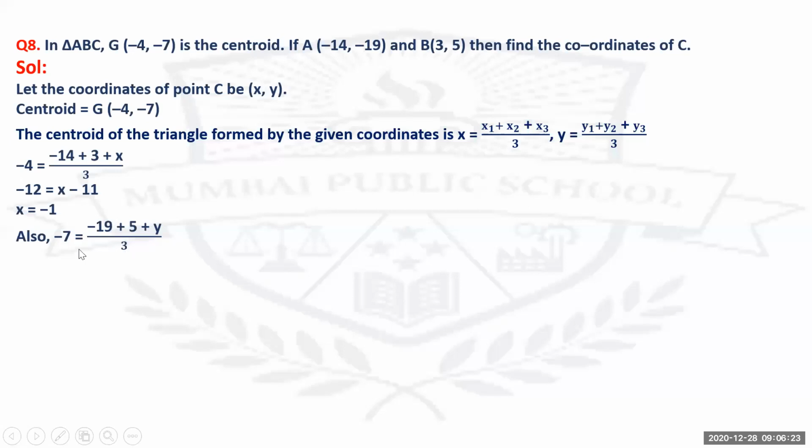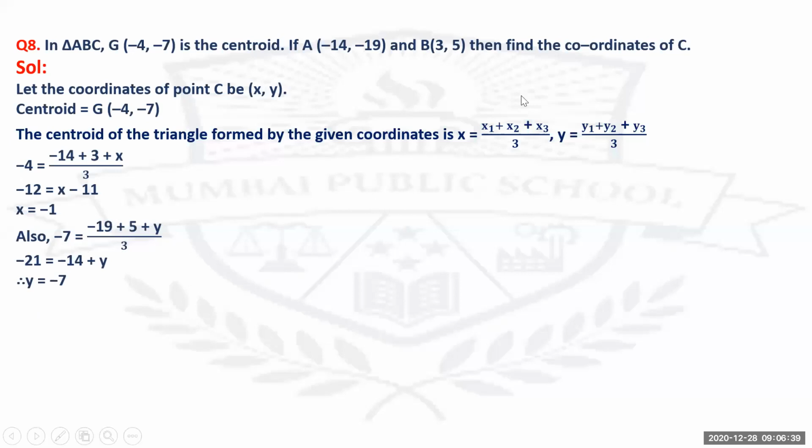Again, this 3 will cross multiply. Once you cross multiply, you're going to get -21 = -14 + y. So y = -7.